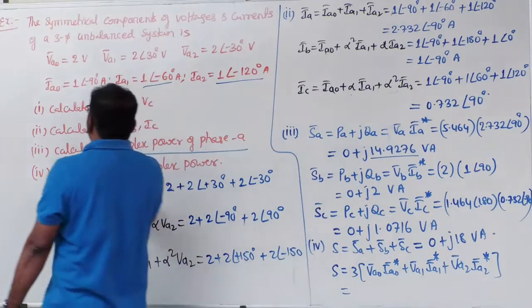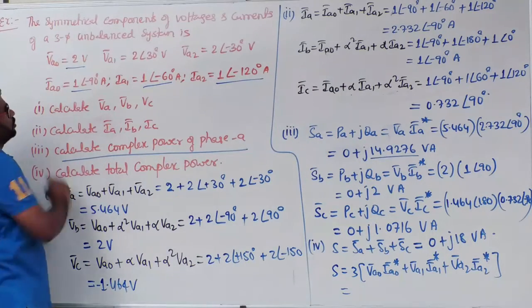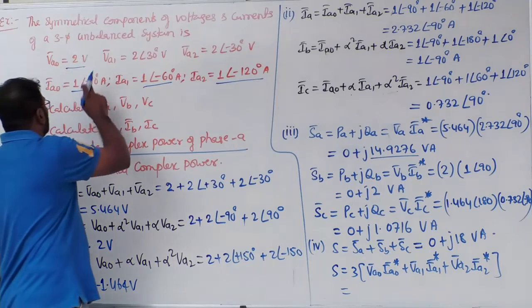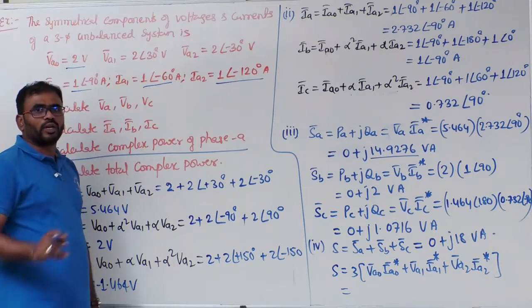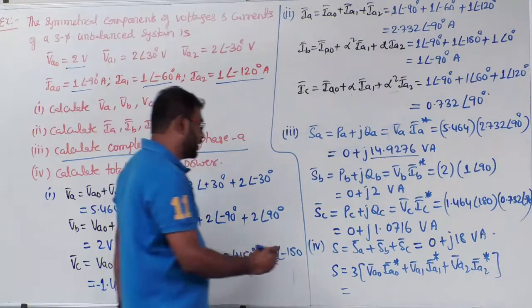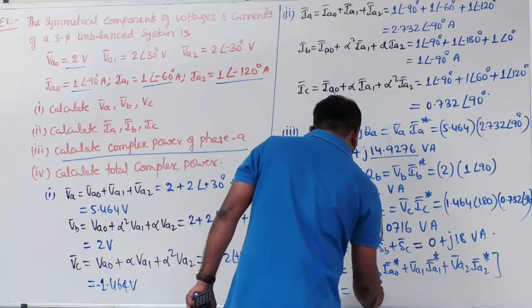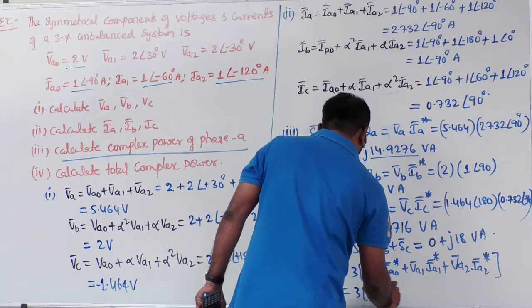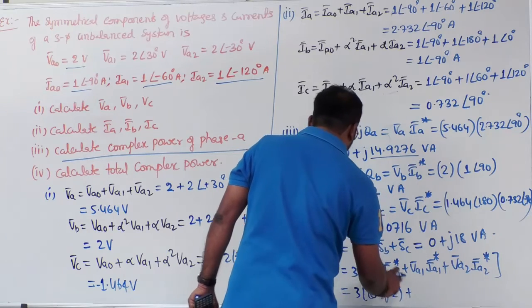Correct or not? VA0 IA0 conjugate: 2 into 1 at an angle plus 90 because of the conjugate. What do I get? 2 at an angle plus 90 means 0 plus j2. So 3 into 0 plus j2. That is VA0 into IA0 conjugate.